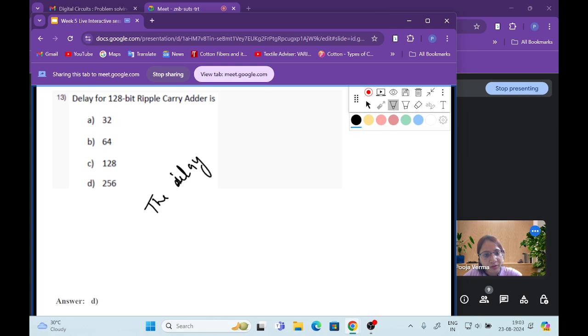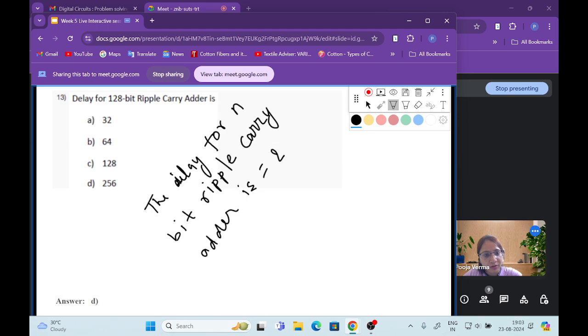The delay for an n-bit triple carry adder is 2n. The previous one was the look ahead carry adder. Okay, it is a formula for the triple carry adder.